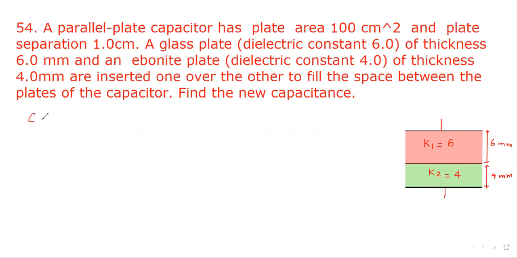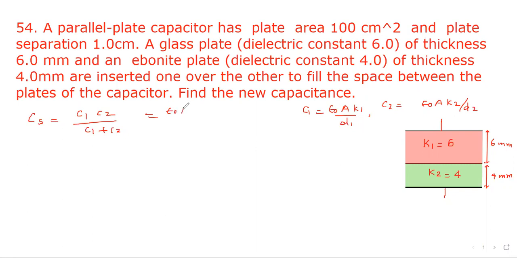So we find C equivalent, that will be C1 C2 divided by C1 plus C2. So C1 will be equal to epsilon naught A times K1 divided by D1, and C2 will be equal to epsilon naught A times K2 divided by D2. We put these values here.